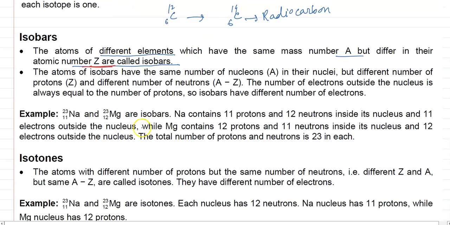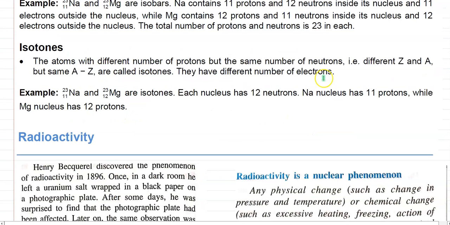For example, sodium 23 with Z 11 and magnesium 23 with Z 12 have the same mass number but different proton numbers. Isotones have the same neutron number. They also have different numbers of protons but the same number of neutrons. For example, sodium and magnesium are also isotones because they have the same number of neutrons.